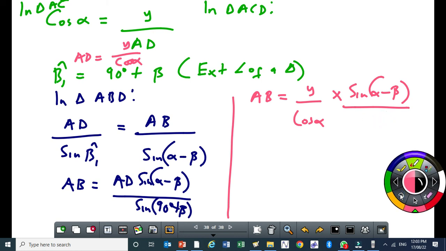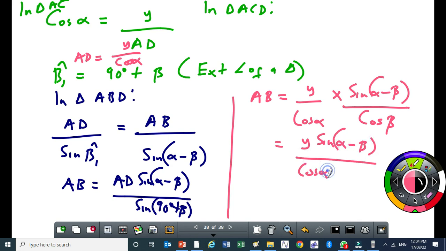Now, sine 90 plus beta is the same as cos beta. So we'll come to the same answer. It will be y sine alpha minus beta all over cos alpha times cos beta. So that will be method 2.